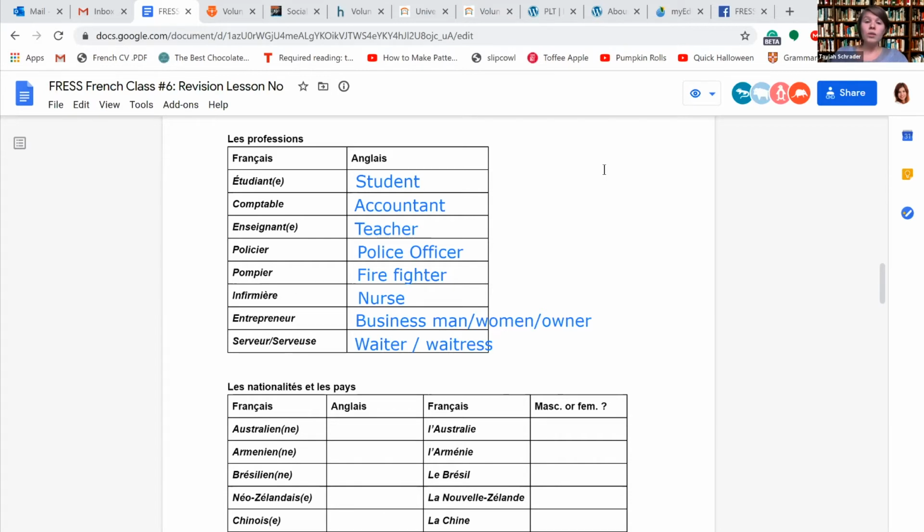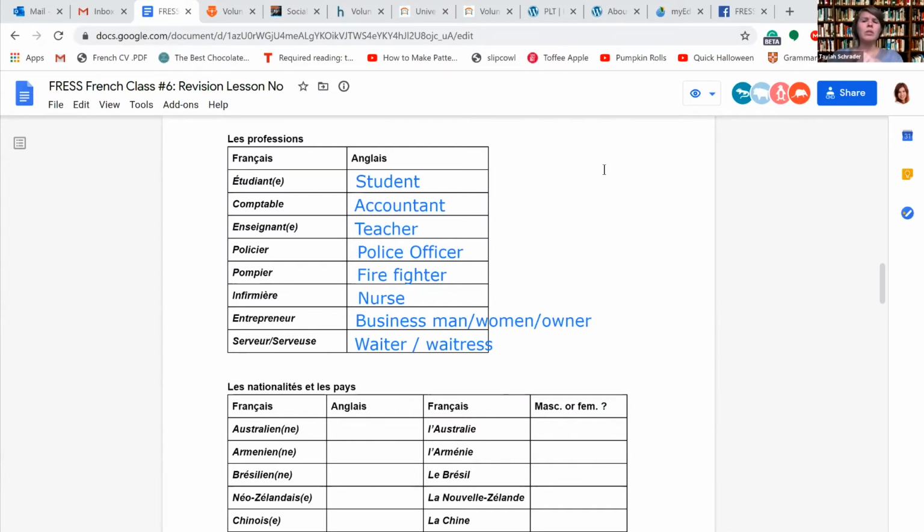So comptable is not going to sound any different if you put the E on it than if you left it off. A double E was not going to make any difference to the way that sounded. But usually with ones that end with a hard consonant, like a T or a D, they will have an E put on the end of it to signify male or female.